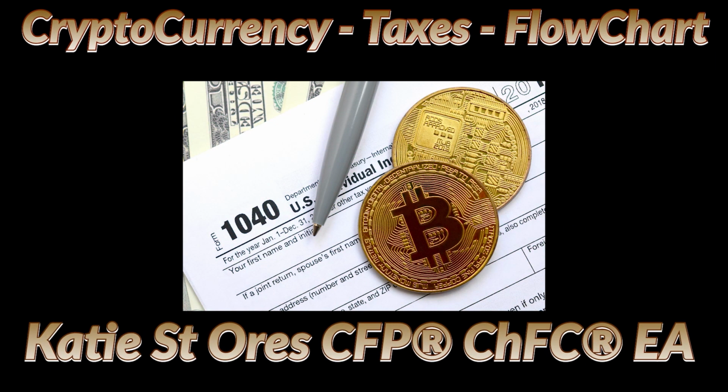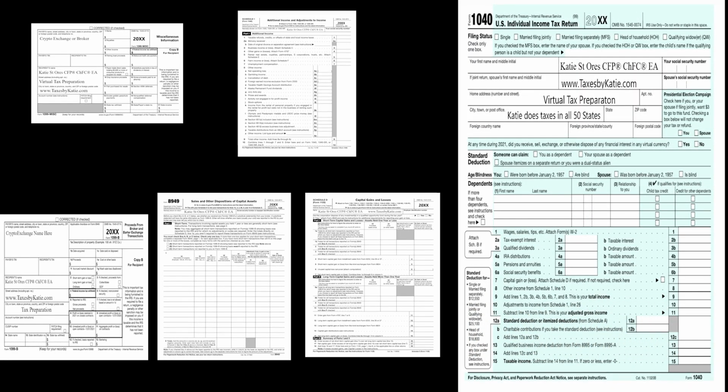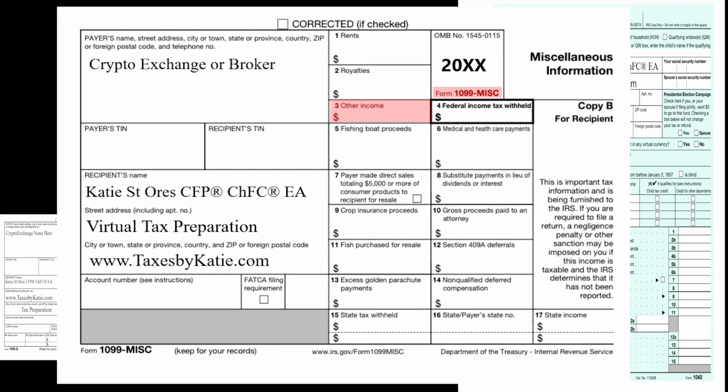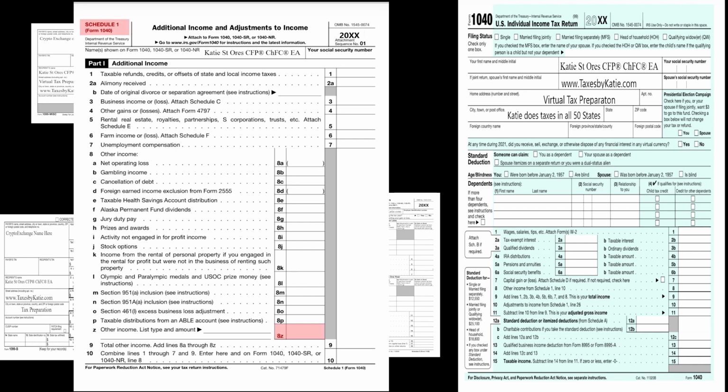Now let's see how all this information flows through your tax return. The amounts that you received on Form 1099-MISC will go on line 8Z of your Schedule 1. The Schedule 1 total will be reported on your Form 1040, line 8.